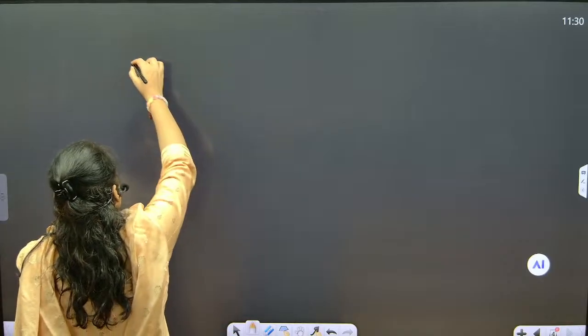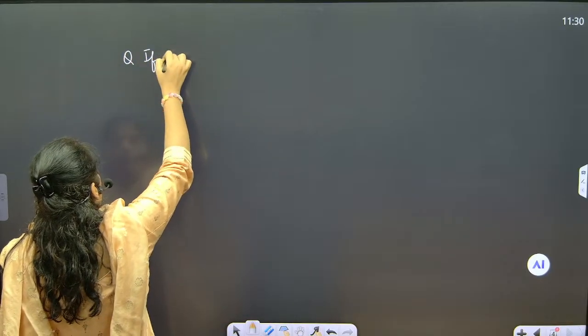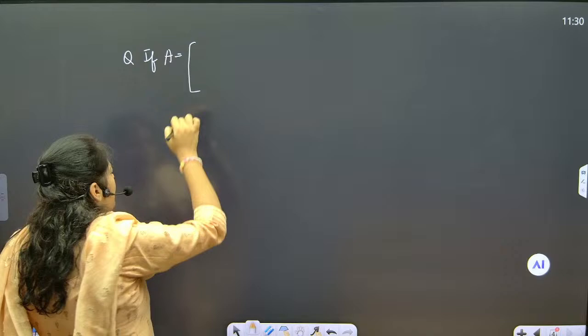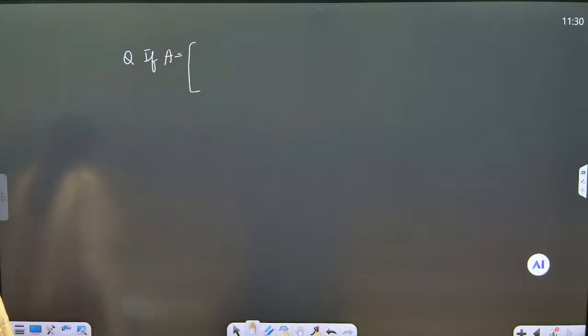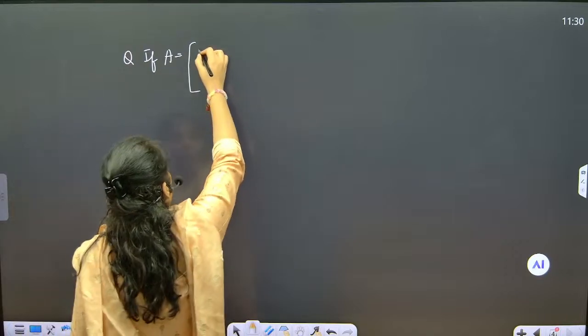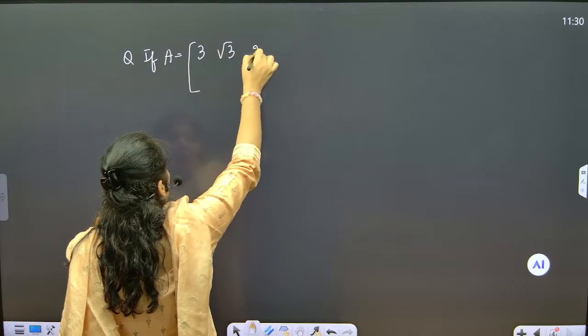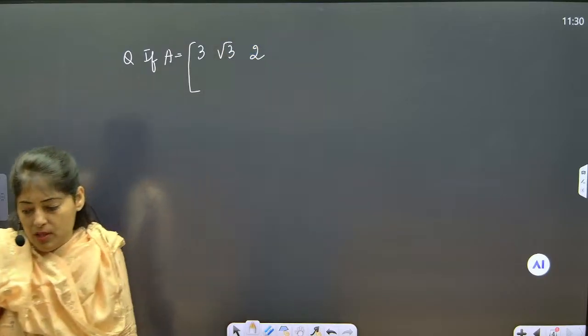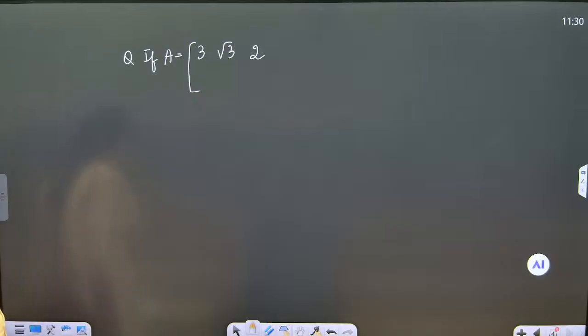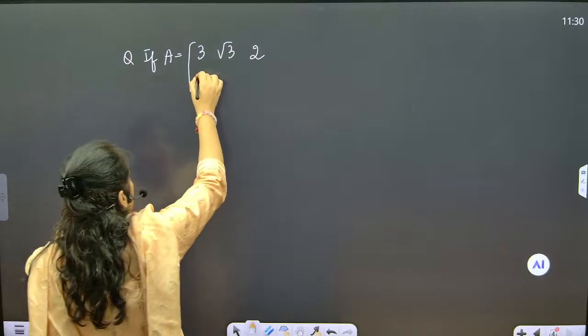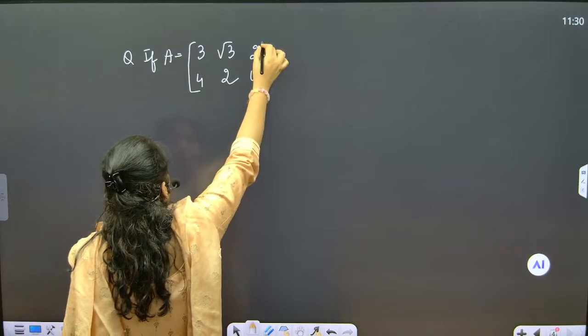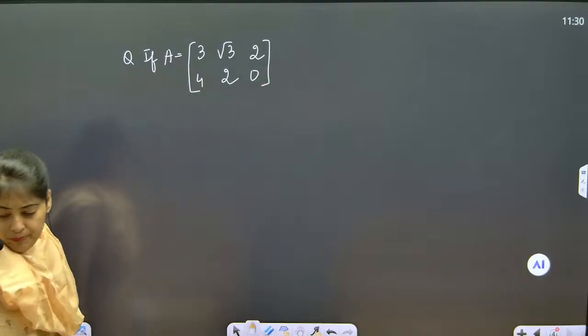One question I'm taking now. If matrix A is 3 root 3, actually this is a part of the concept. No, we cannot skip these questions, though it is easy, we can't skip anything. 4 2 0.